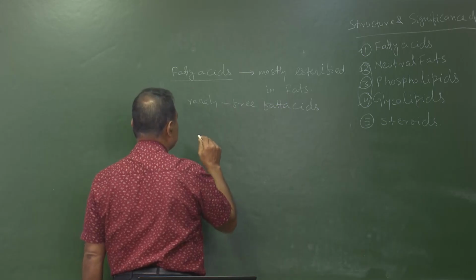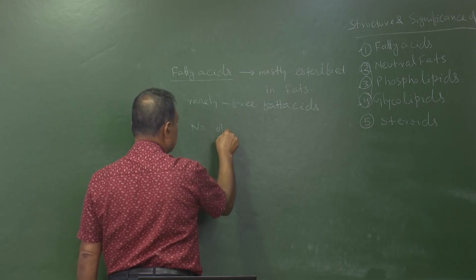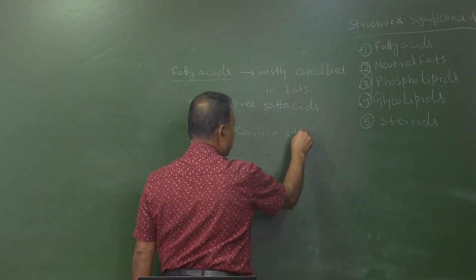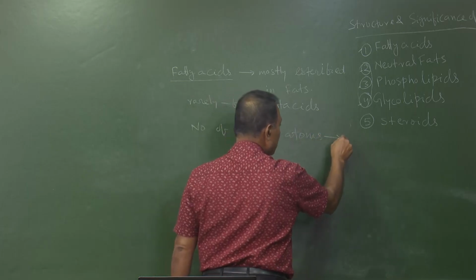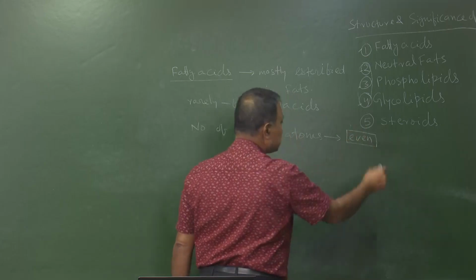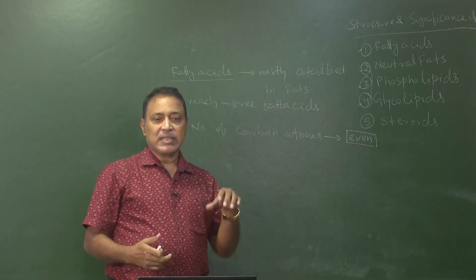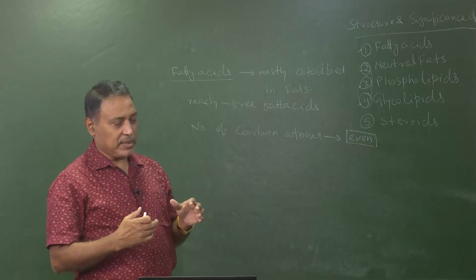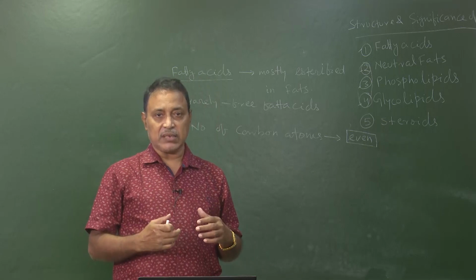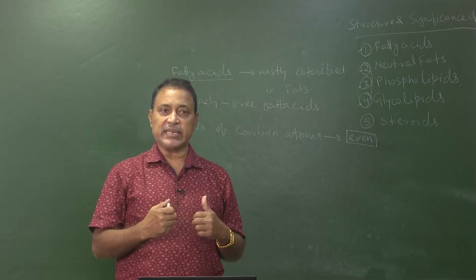Another important aspect of this fatty acid is that the number of carbon atoms is always an even number. Why is it an even number? That also, if we study the manner in which fatty acids are synthesized in our body, we can understand it well.